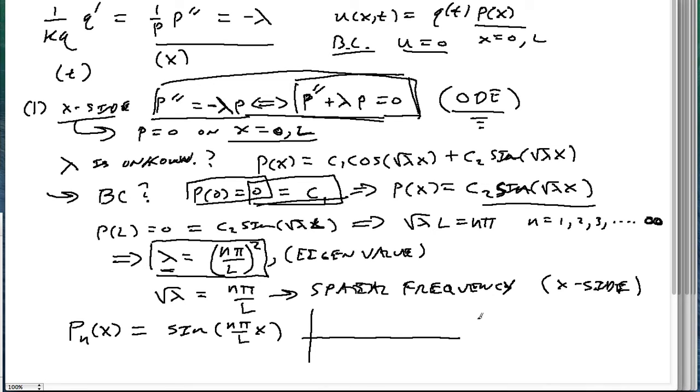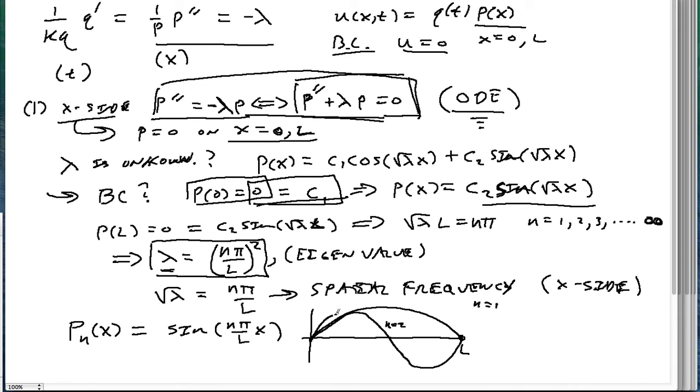The first one, for n equal to 1, goes across like that and it's 0 at L. Then there's another one, that's n equals 2.